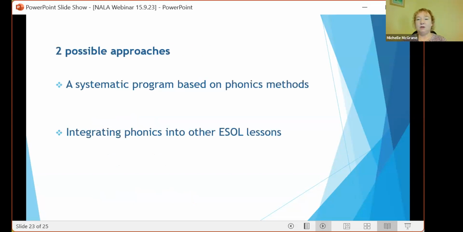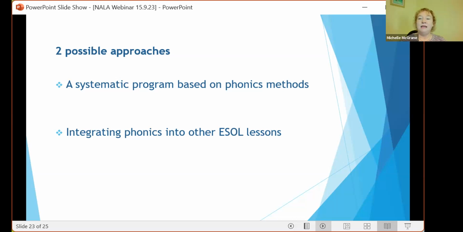Now, as tutors, we essentially have two options. Sorry, I said ESOL learners, I meant teachers, tutors. One is to systematically teach phonics, start at the very, very beginning with our CVCs, man.